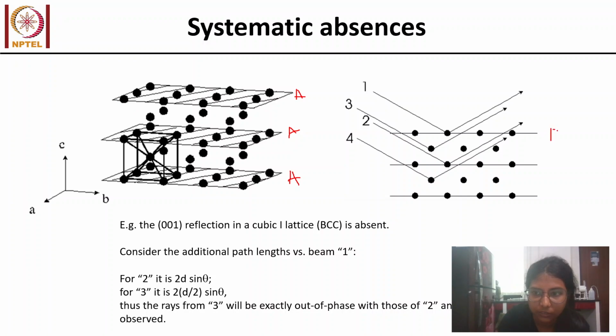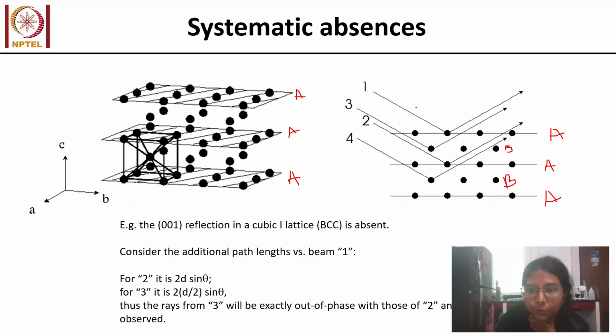This is my A, and the center ones are my B. Since this is the A axis, this is the BC plane, so that reflection is not important.